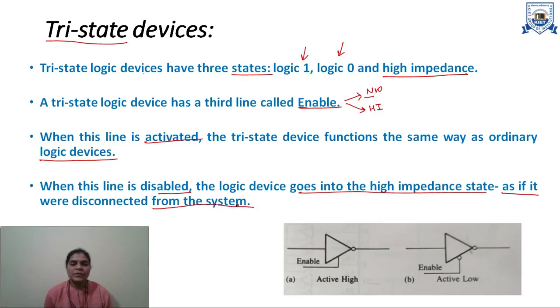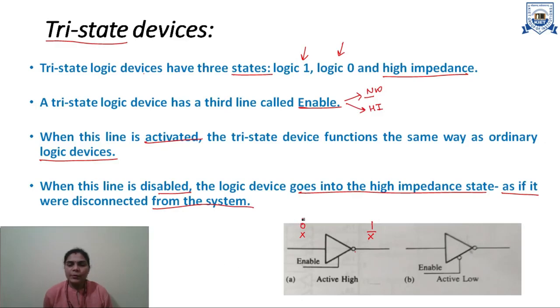So here we are taking an example of a tri-state inverter. It takes input X and converts this input into X bar. Here, the tri-state inverter will show three states. If we give input 0, it will convert it into 1.